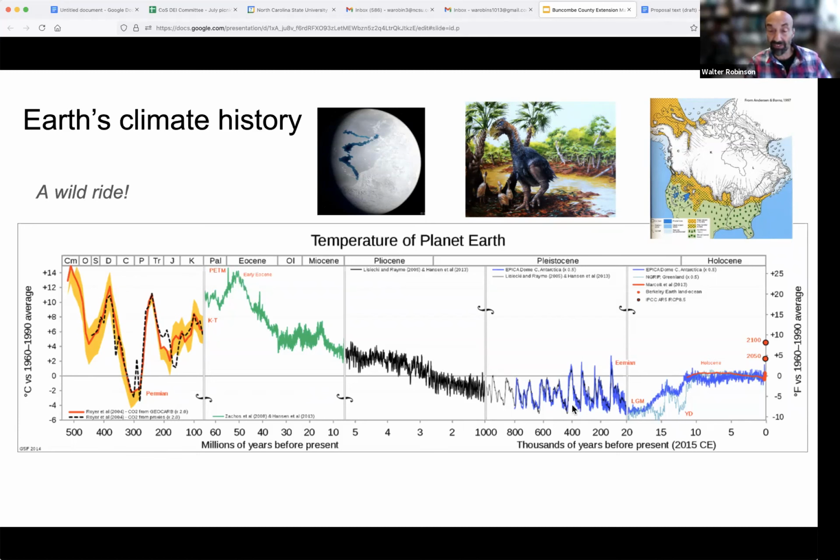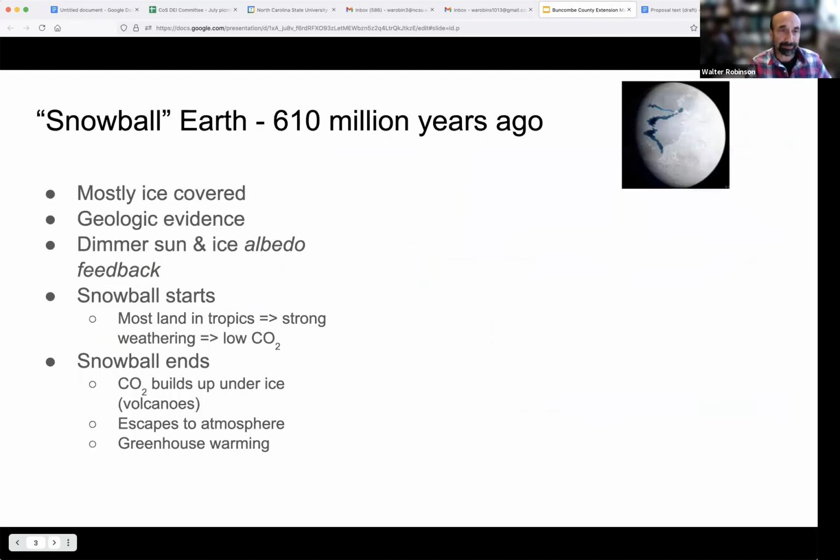And then over a long period of time, these almost periodic or regular oscillations in the temperatures of the planet that were associated with the advance and retreat of these great ice sheets, what we call ice ages. Let's take a look at those 3 examples pretty briefly and see what we can learn from them.